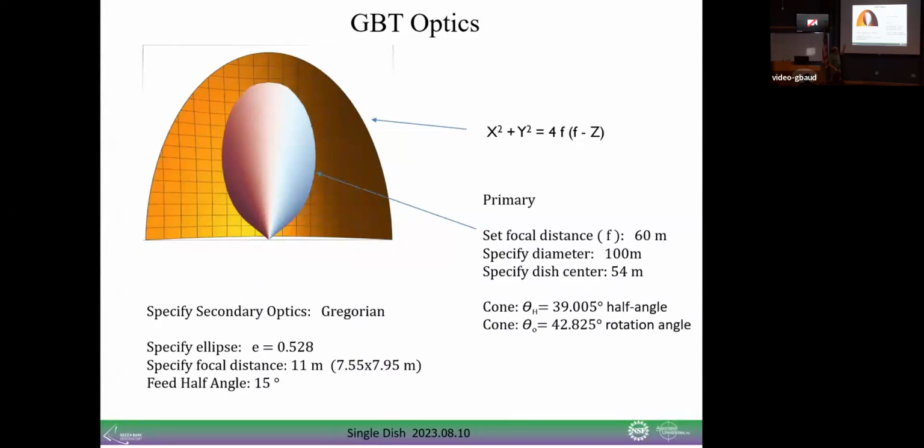So this image here, you can think of it as how the prime focus illuminates the dish. And there was a question earlier about the edges of the dish, and there's a property of these feed horns that I'll go over, and it's the taper.